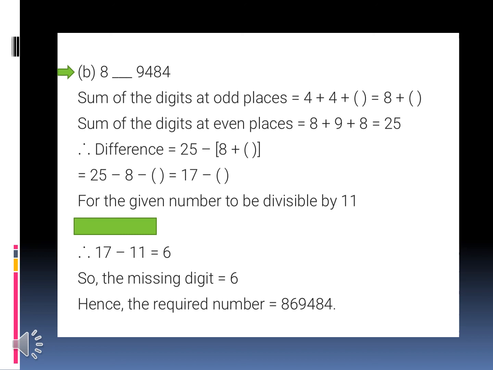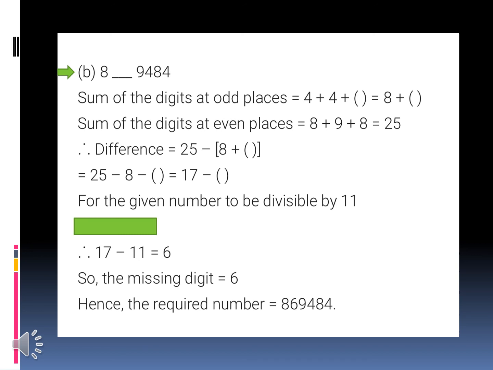So the next case is that the difference should be divisible by 11, right? Now 17 minus something: you have to subtract something from 17 which gives a multiple of 11. There is only one multiple less than 17. What is that? 11, right? So only one multiple is there less than 17, which is 11 itself.